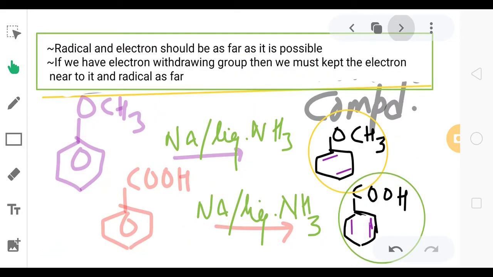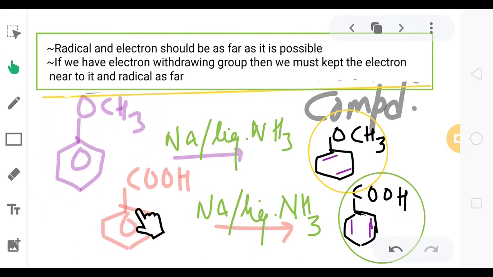Now see the reaction. The two things I had written at the top, we will read after. There could be two possible substrates. In one, the group associated with the benzene ring is an electron donating group: OCH3 is an electron donating group.